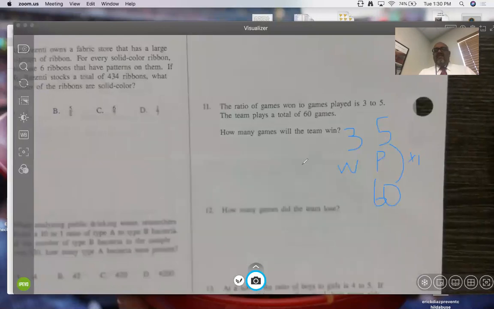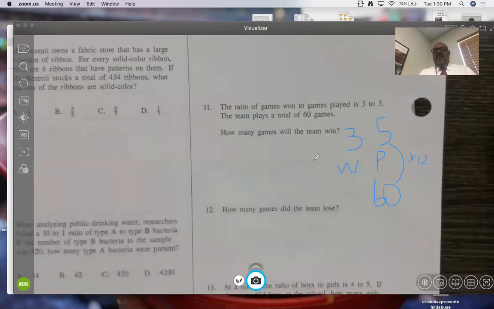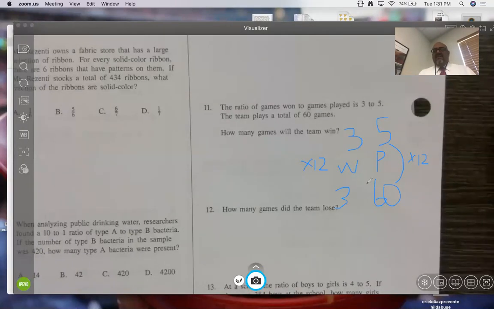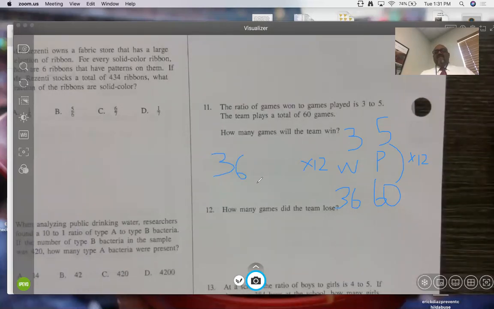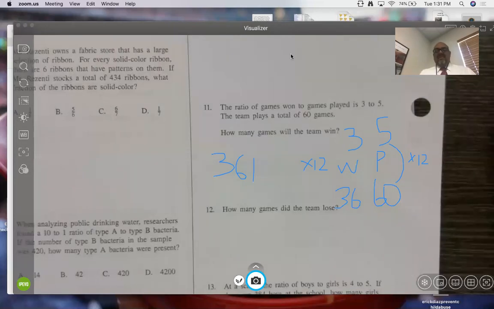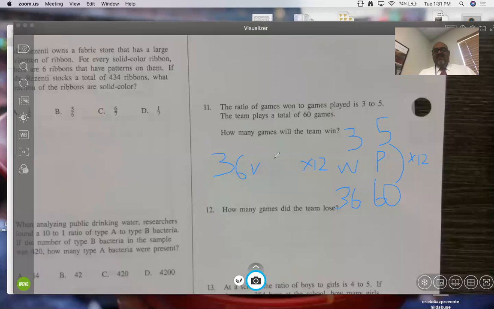Okay, do the exact same thing on the other side, arc of death, thank you. And at this point we have 36. So my answer in this one is 36. So we'll put 36 wins.